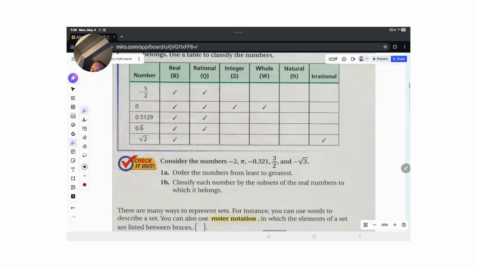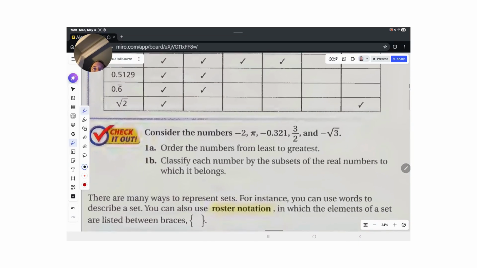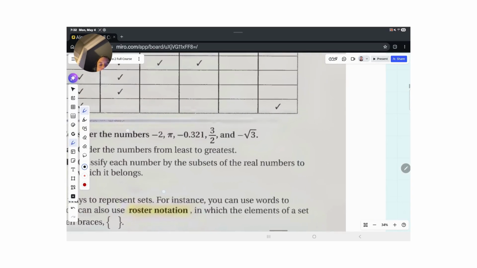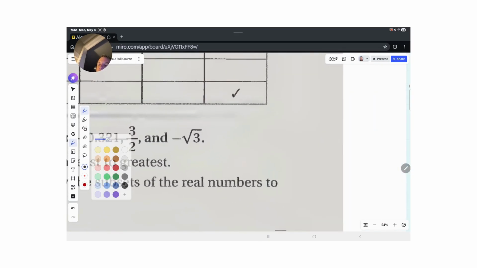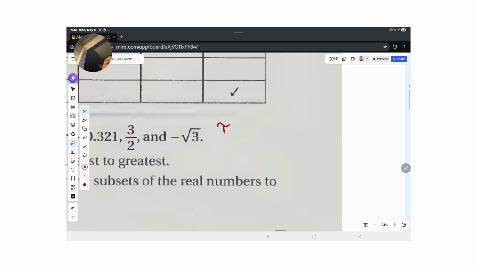All right, let's check out 1A. Here we will apply the same process by converting to decimals, then we'll order them. So for example, what's the decimal approximation for pi? Let's start there. All right, so pi is approximately 3.14159.